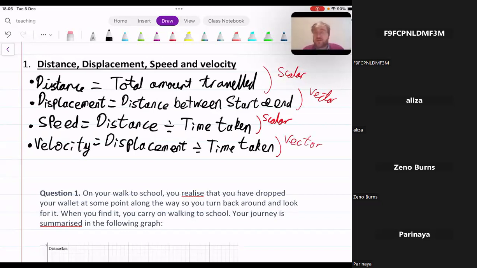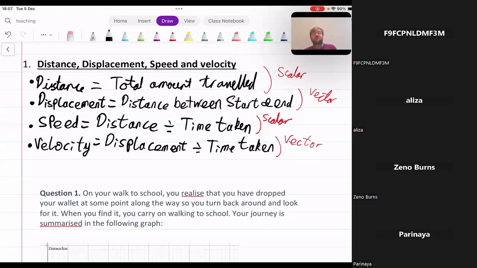This means traveling 10 miles an hour north is different from traveling 10 miles an hour west. Alternatively, if you run around a racetrack, which is a nice circle, then at the start and the end, you're in the same place. So even though you may have run 400 meters all the way around, your displacement is 0. So even if your speed is 20 miles an hour, 30 miles an hour.